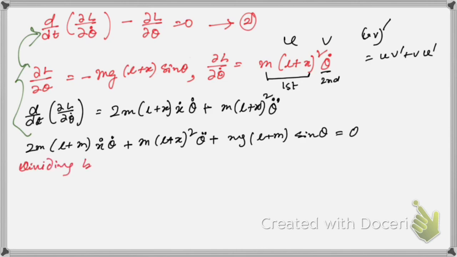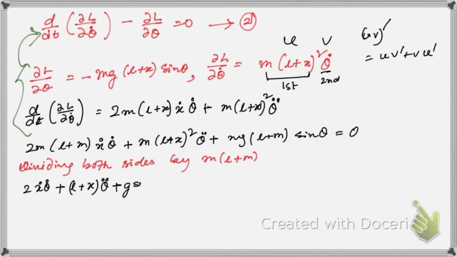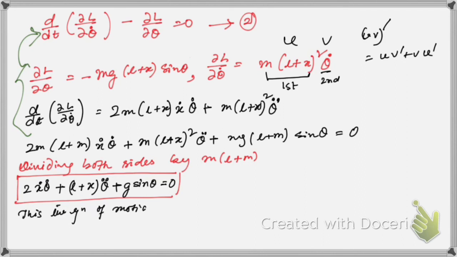Now dividing both sides by m (L plus x), you will get this equation: 2 theta dot x dot plus (L plus x) theta double dot plus g sin theta is equal to 0. So this is the other equation with respect to theta. This is the other equation of motion of the elastic pendulum.